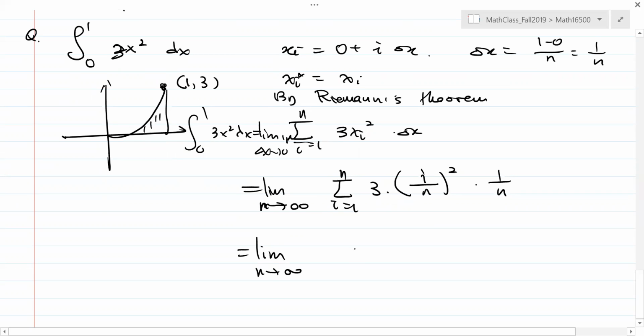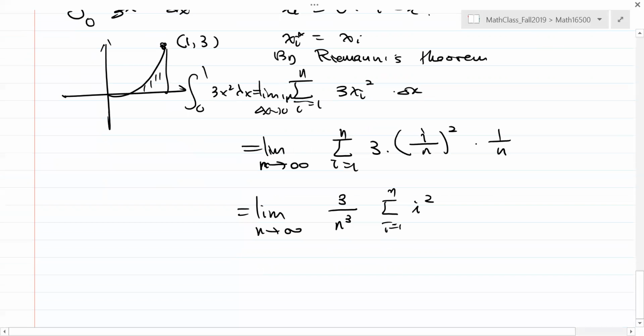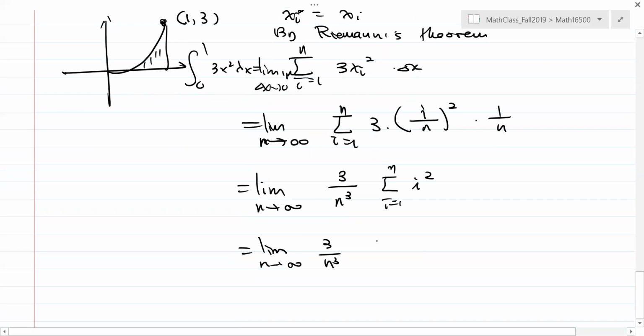And I think we can take 3 out. I can take the n cubed out. Right. So let's look at the sum of i squared, from 1 squared to n squared, actually it is going to be n times n plus 1 times 2n plus 1 divided by 6.